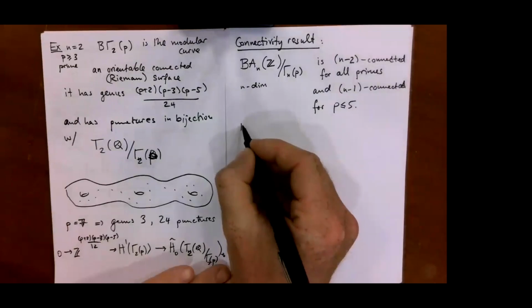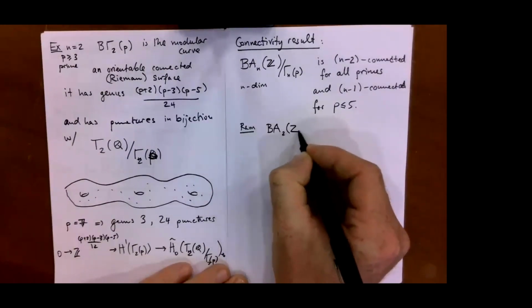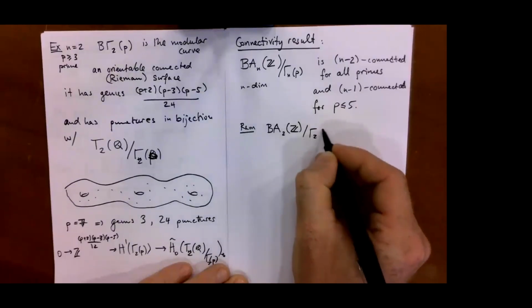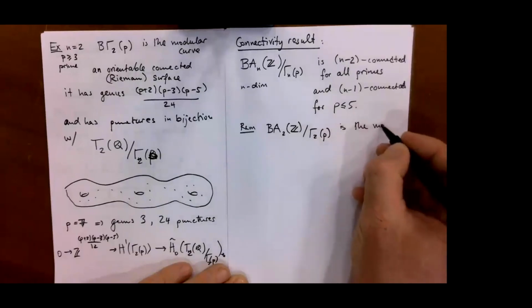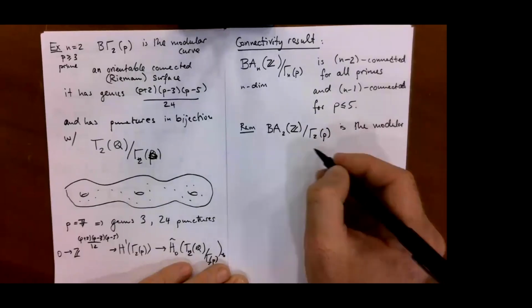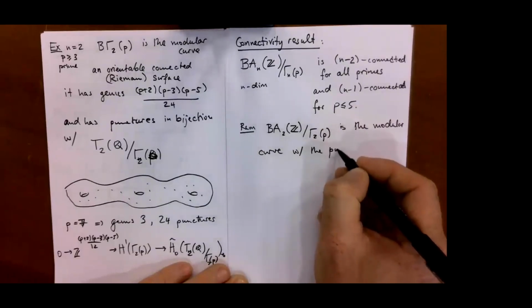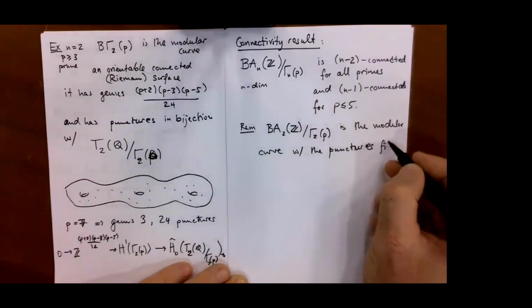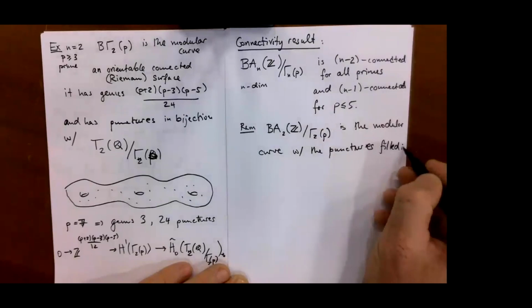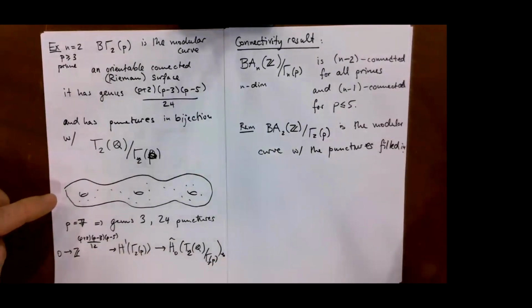Remark: BA2Z mod gamma 2p is the modular curve with the punctures filled in. In other words, this is the Satake compactification of this locally symmetric space.